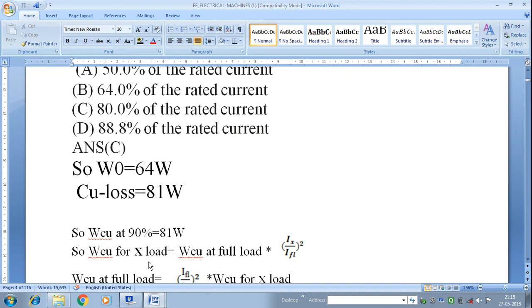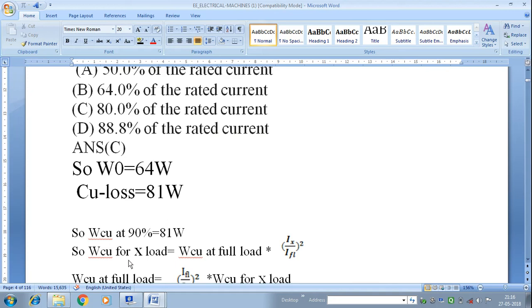But at any load, let us assume that is your X load. X load means it may be half load or quarter load, that is any load. So WCU for X load is equal to WCU at full load into Ix by IFL whole square. Sorry, Ix is the current at X load, and IFL is the full load current.